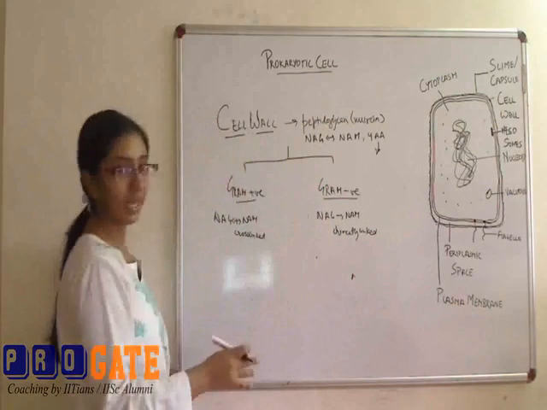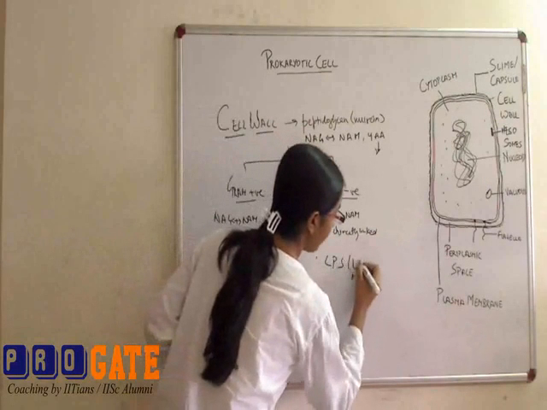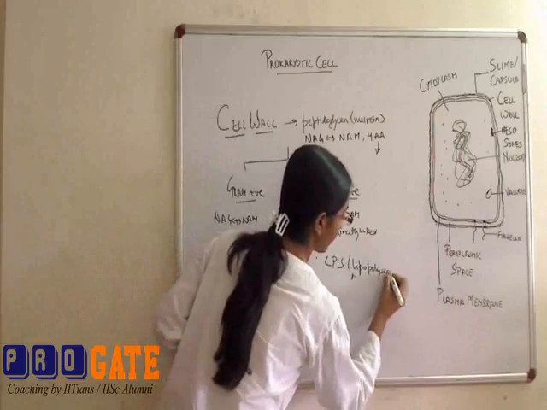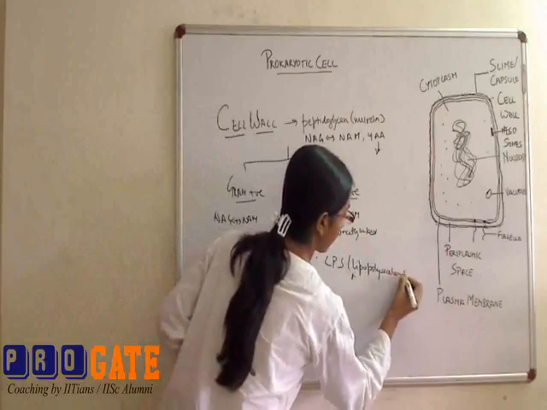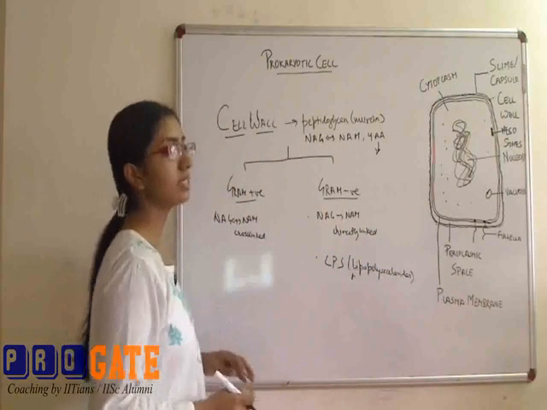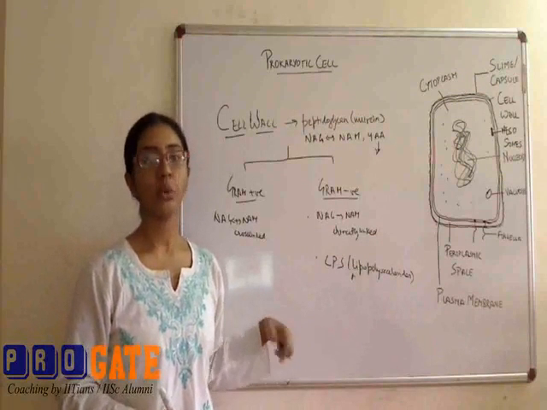Apart from peptidoglycan, they have LPS, that is the lipopolysaccharides. LPS basically consists of 3 things: the lipid A, the O polysaccharide, and the O antigen.